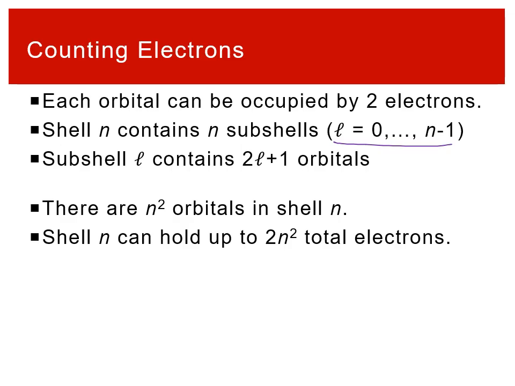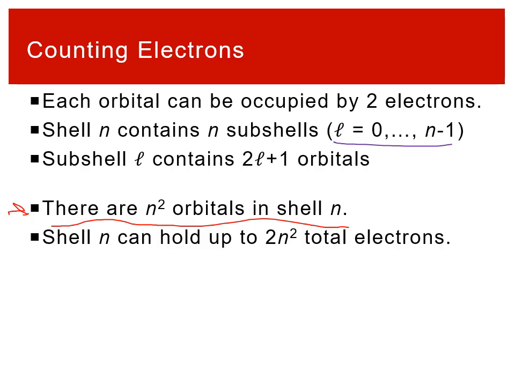I do want to point out some different language. When we're talking about orbitals, shells, and subshells, there are n squared orbitals in shell n. You can think of them as boxes. They're places where electrons can go, and so they always exist, whether or not the electrons are in them.